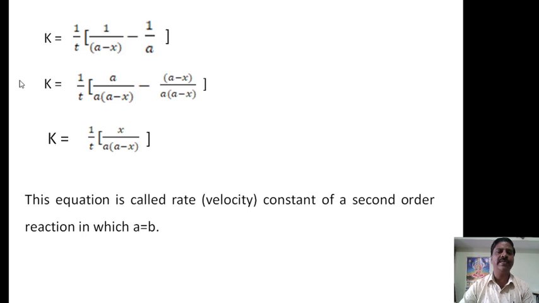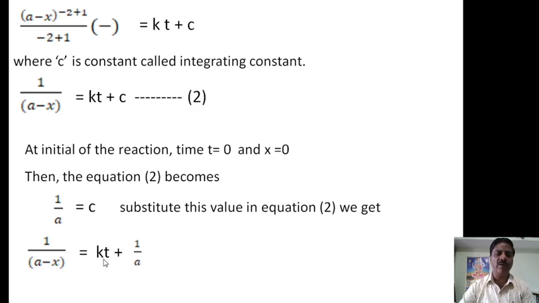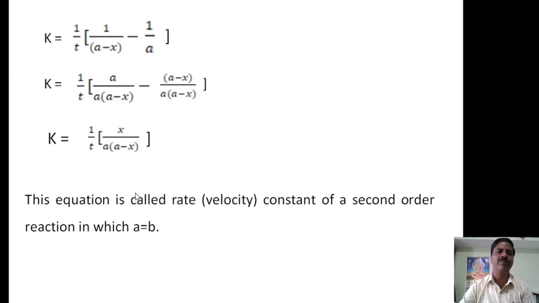Now here k is equal to, you just have to transfer 1 divided by t. First, you write kt equal to 1 divided by (a minus x) minus 1 divided by a. Then, transferring t, we get k equal to 1 over t into [1 divided by (a minus x) minus 1 by a].